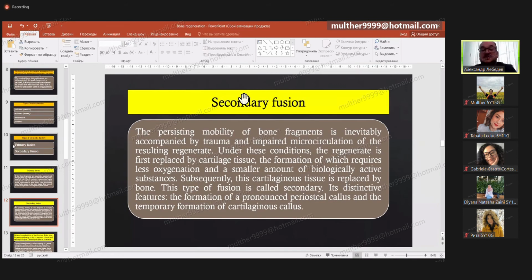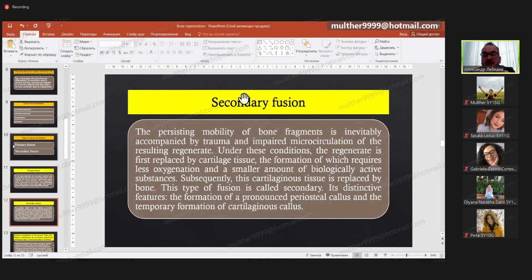And the secondary fusion, it's if something happened in the line of the fracture. For example, we have open fractures contaminated by some kinds of bacteria. If we have some special kinds of infection. If we have a long compression of the bony fragments or any areas.